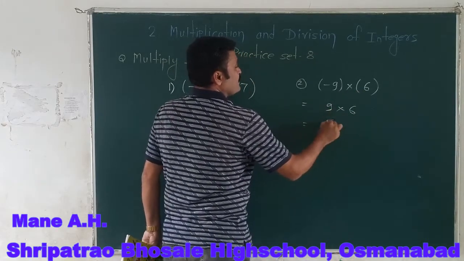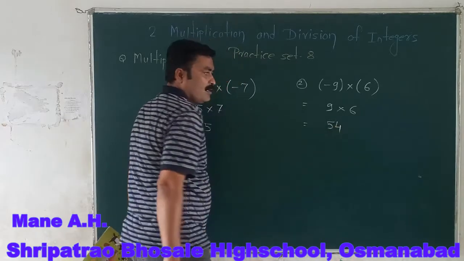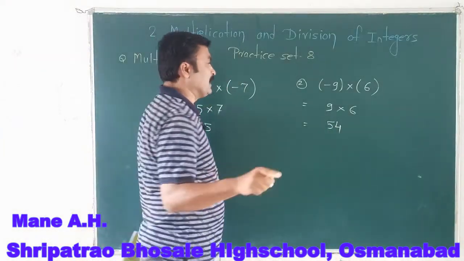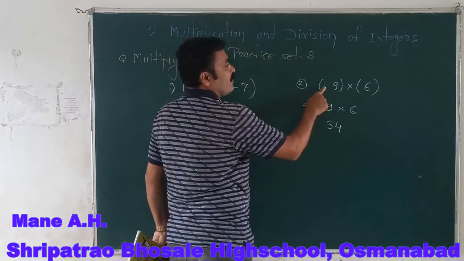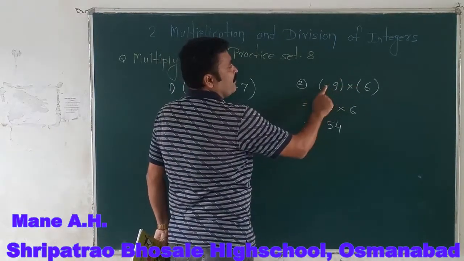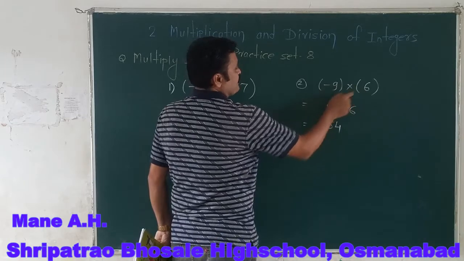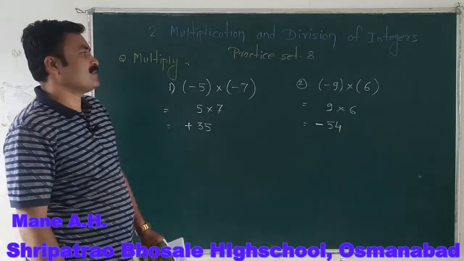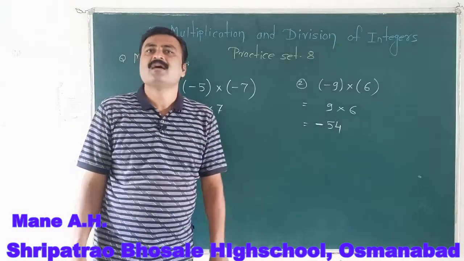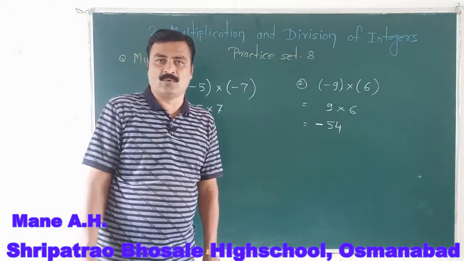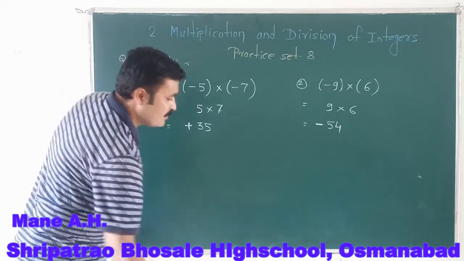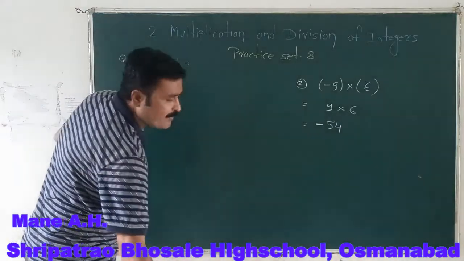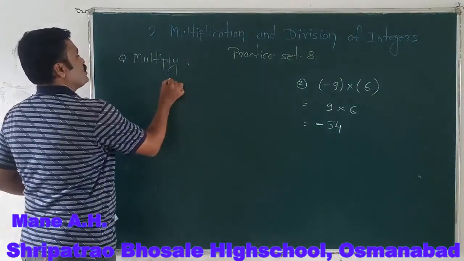So 9 sixes are 54. This is your first step, product of magnitudes. Now use the second step, multiply signs: minus into plus, that is always minus. So minus 9 into 6, we obtain the product as minus 54. That's important here. Thereafter, let's continue with the third example of this problem set.